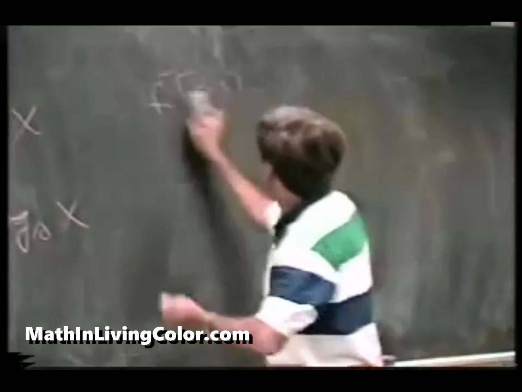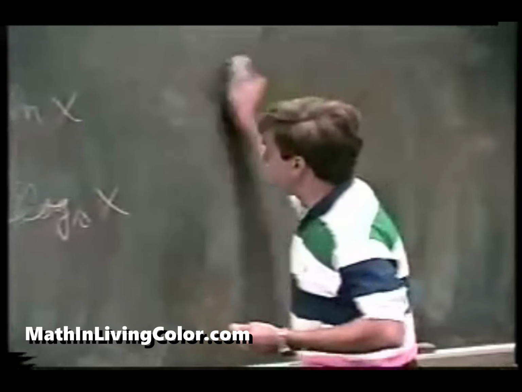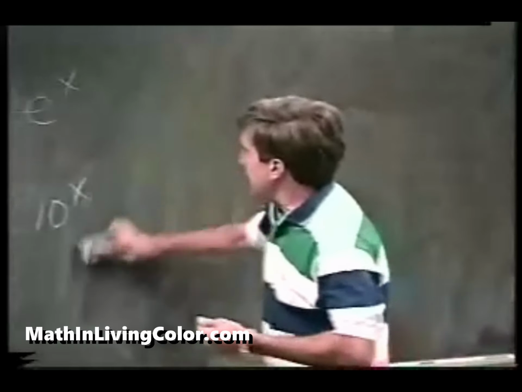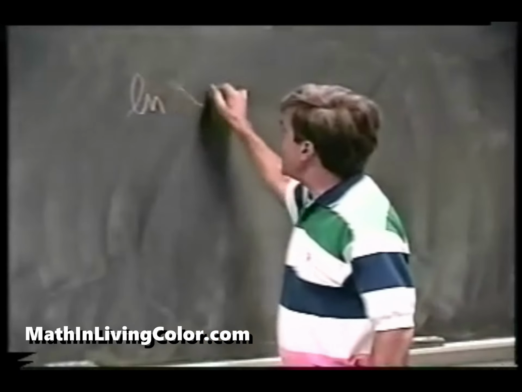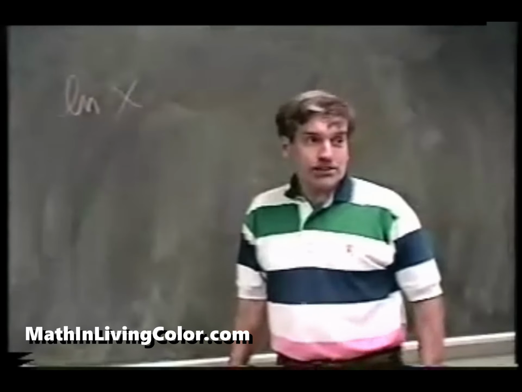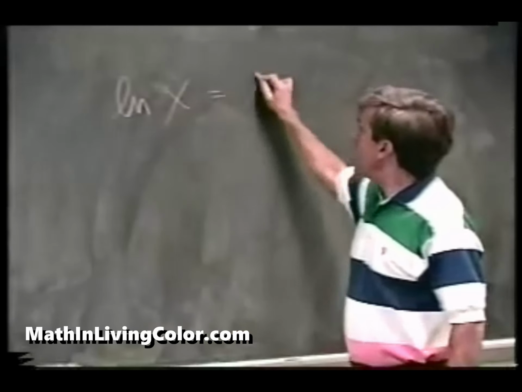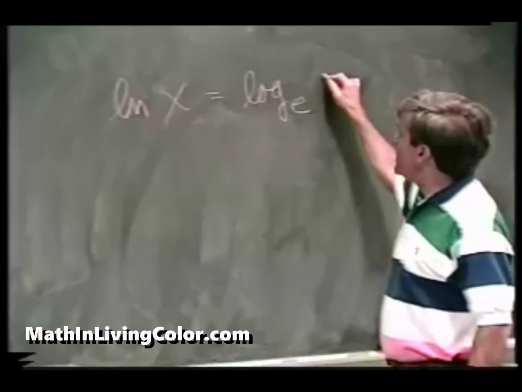Another deficiency I realized I made in that last tape is that I didn't really explain what I meant by ln of x. ln of x means log base e of x.